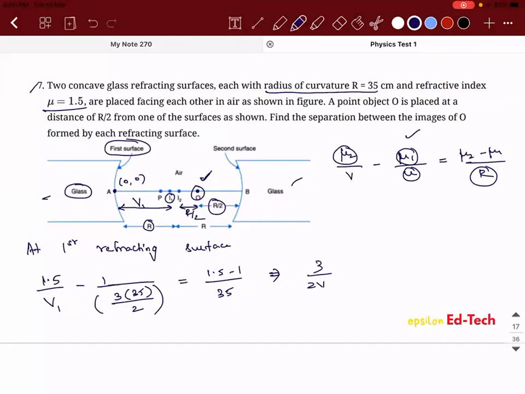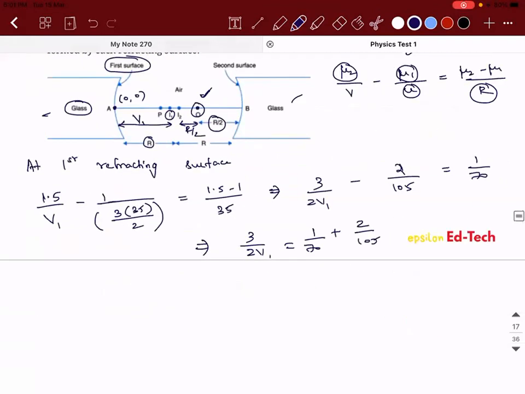So 3 by 2 times V1 minus 2 divided by 105, 1 divided by 70, which implies 3 by 2 V1 is equal to 1 by 70 plus 2 by 105. So how much does the answer come to? 105 plus 140 divided by 70 into 105.